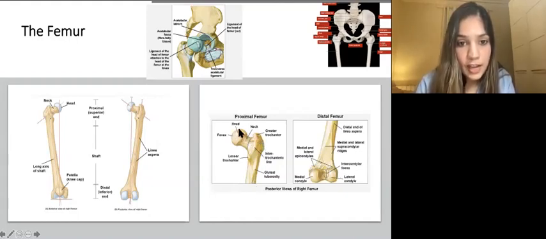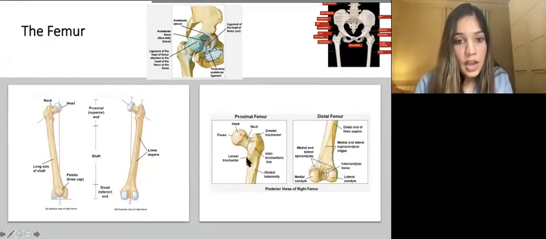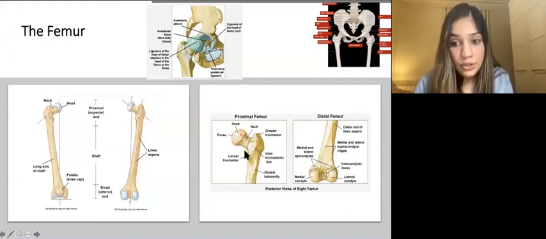So you have the head, the neck, the greater trochanter, the lesser trochanter, and you've got this intertrochanteric line, which connects the two trochanters. It runs inferior and medially on the anterior surface of the femur.